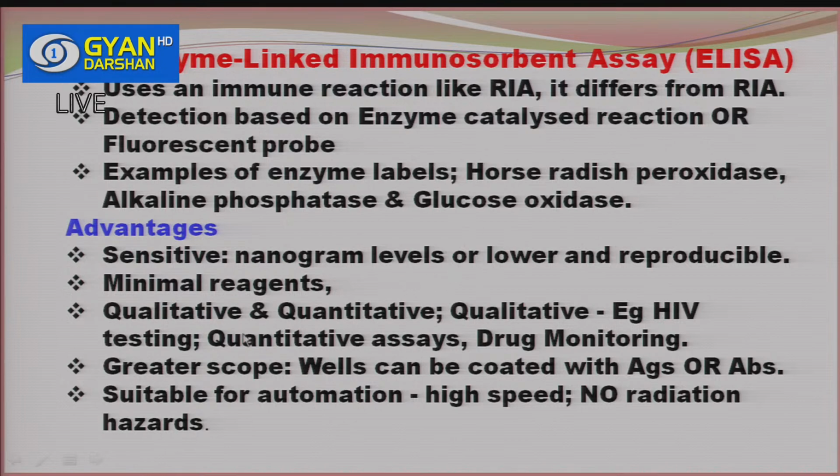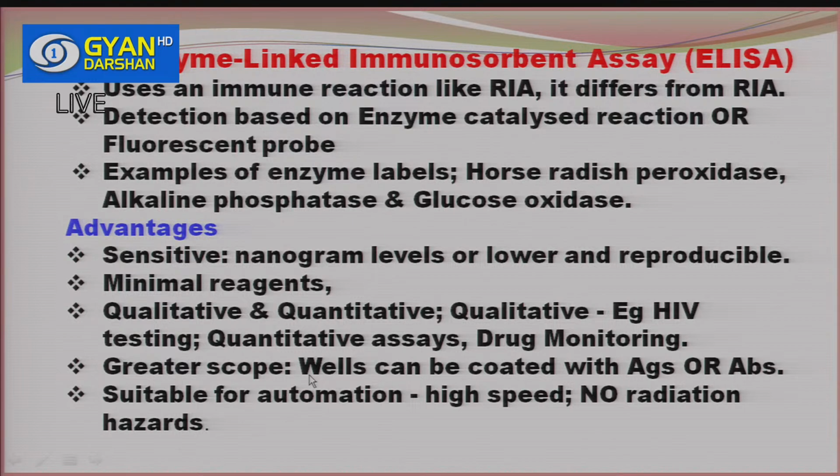and minimal reagent is needed for ELISA. Qualitative and quantitative reactions take place. For example, qualitatively we can detect HIV. In a quantitative assay, we can utilize it for drug monitoring. The greater scope: wells can be coated with antigen or antibodies.